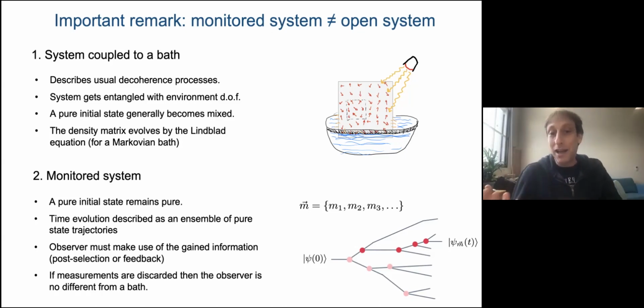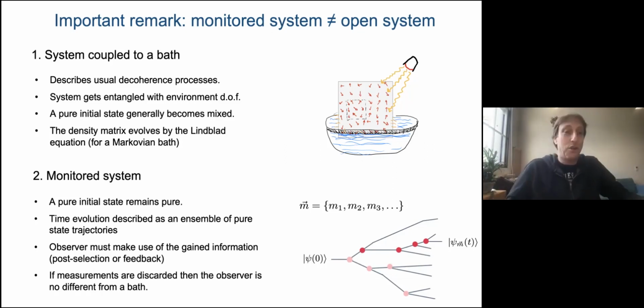The way it can feed it back is by, for example, post-selection of a particular trajectory, or feeding back by actually applying unitaries, feed-forward unitaries. But somehow the information about the measurement outcomes has to be used. So I'll give you an example. If I'm interested in the properties of a typical trajectory, I'll need to repeat the measurement enough times so that I have several copies of the same trajectory wave function, so that I can take an expectation value of an observable in it.